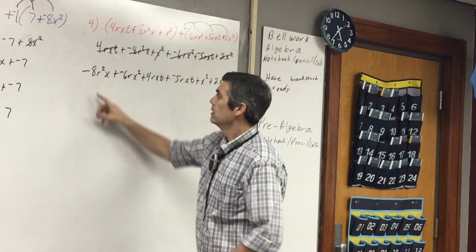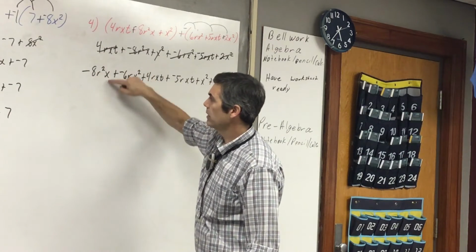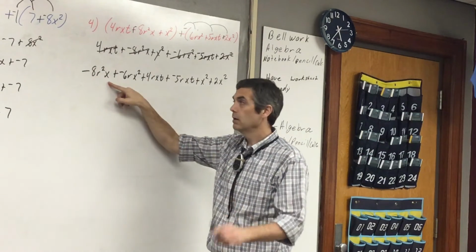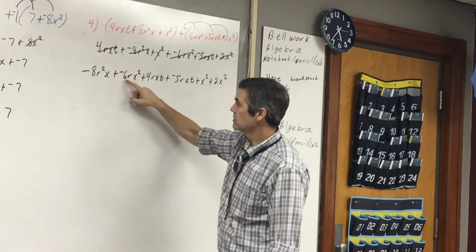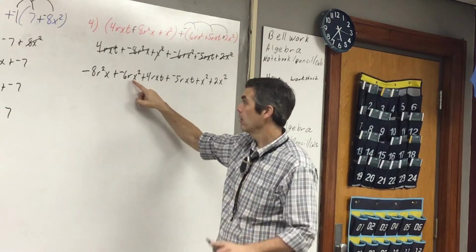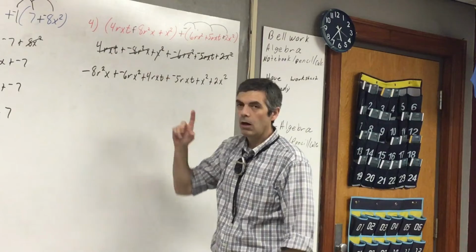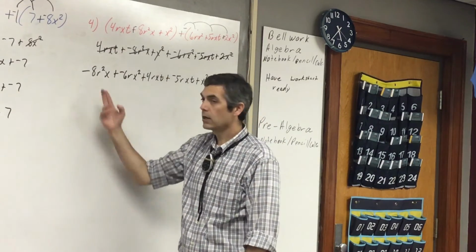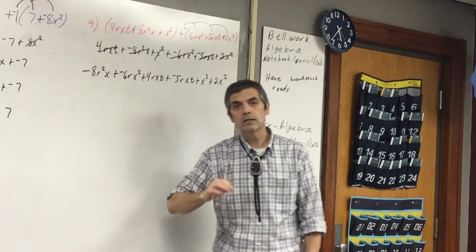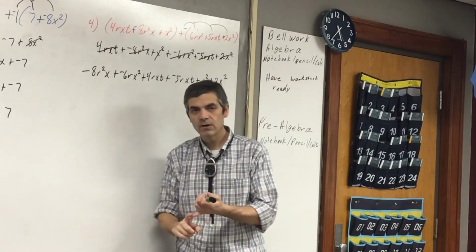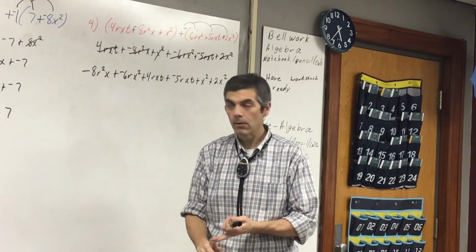Look at this. -8r squared x, plus -6r to the first power, x to the second power. A lot of students will try and combine them, but those are not like terms. You have to have the same variable raised to the same power.